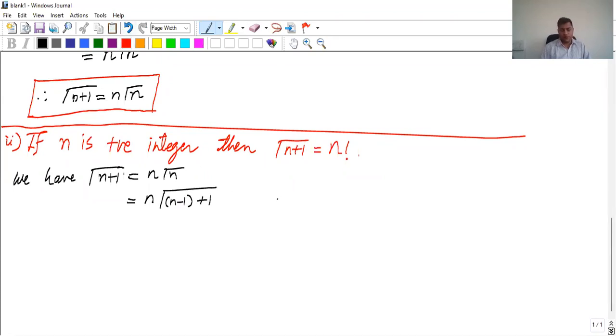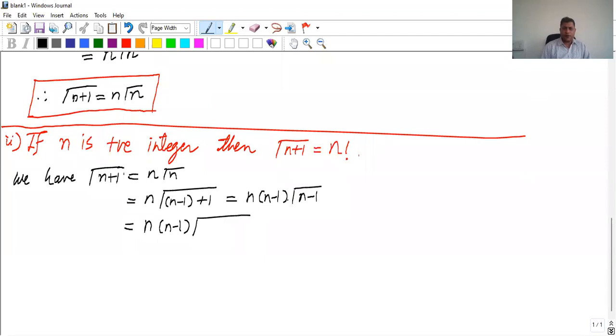Can we write it like this? Yes, sir. Now apply the previous property to this term. So it will become n into n minus 1 into gamma of n minus 1. Is that okay? Yes, sir. So n into n minus 1.